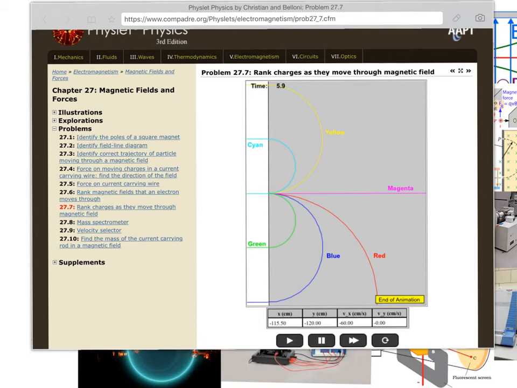The same equation we used last time. What do we know? The field has to be the same. There's just one field. So what's different about the particles? Well, either their charge or their velocity. And once again, you can measure the velocities. You can measure the radius of the circle.